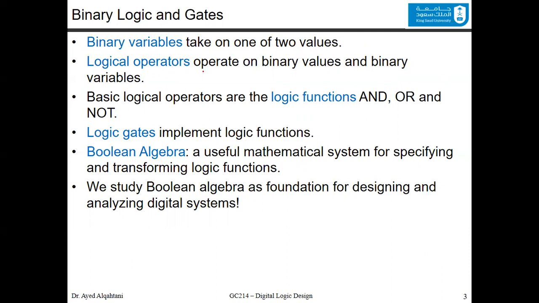Logical operators operate on binary values and binary variables. Which means, for example, if you have two variables, x and y, one of the operators that you can perform on those two variables is the OR operator.